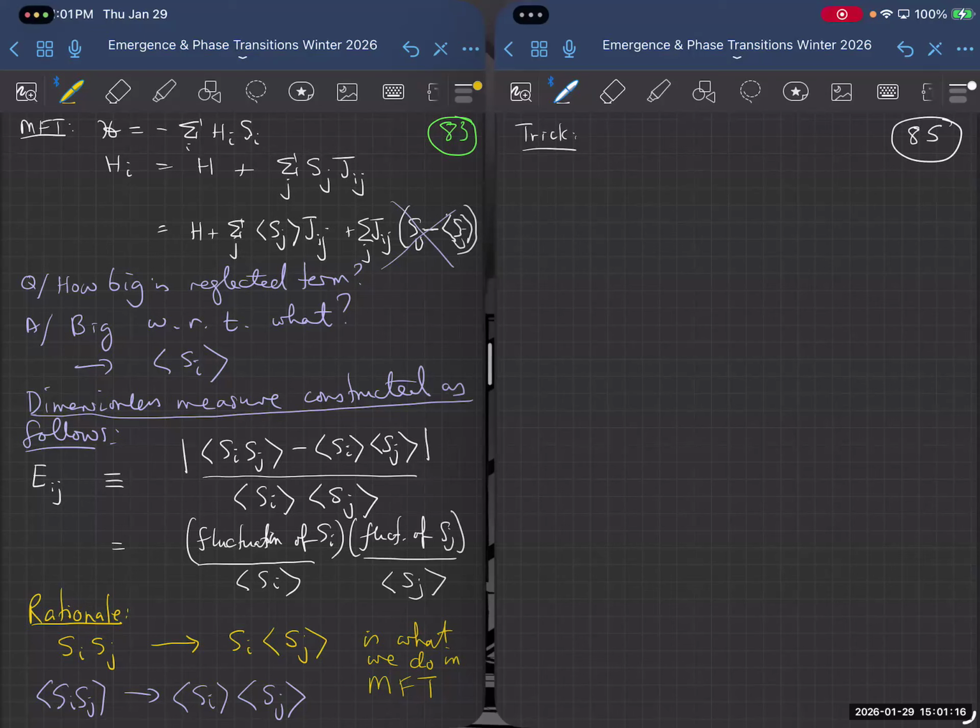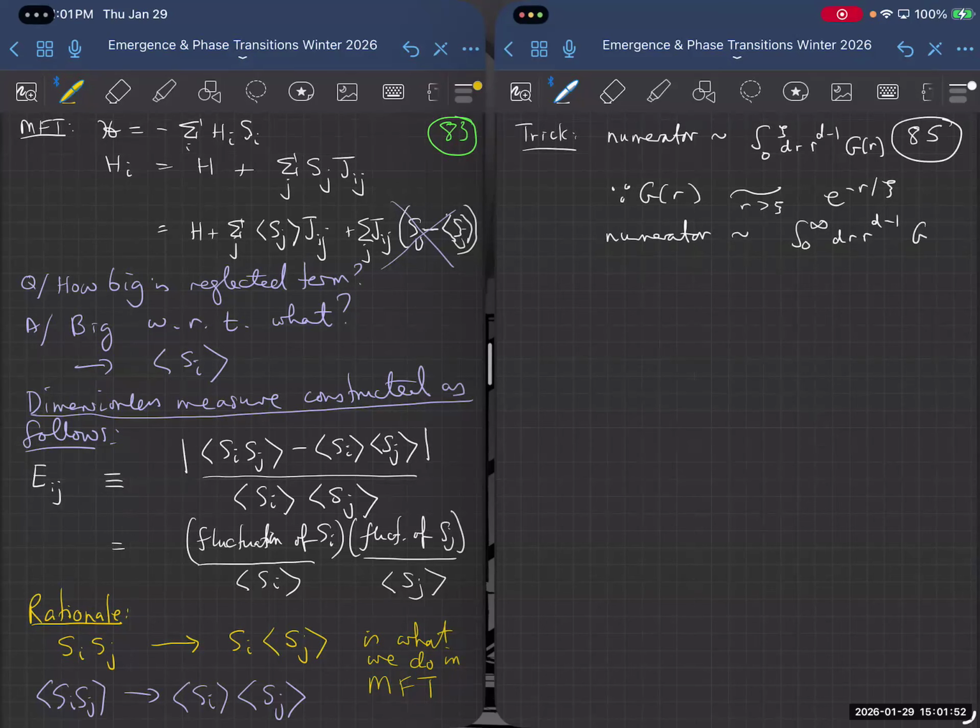Okay, so the trick that we're going to use is that the numerator is essentially the integral from 0 to psi of dr r to the d minus 1 times the 2-point correlation function, and because g of r asymptotically for r greater than psi goes like e to the minus r over psi, what that means is that the numerator can be replaced by the integral over all of space, dr r to the d minus 1 g of r.